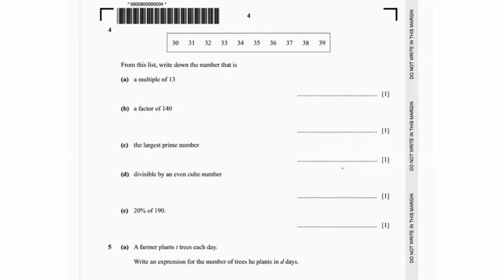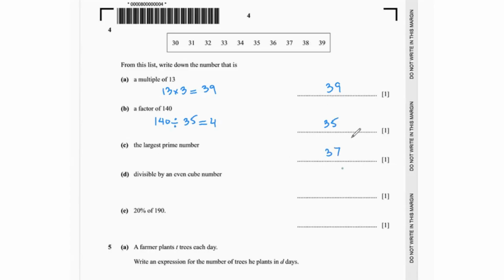Question 4 says, from this list, write down the number that is a multiple of 13. So the multiple of 13 is going to be 39, because 13 times 3 is 39. Then a factor of 140. A factor of 140 is going to be 35, because 140 divided by 35 is 4. Then the largest prime number over here is 37.